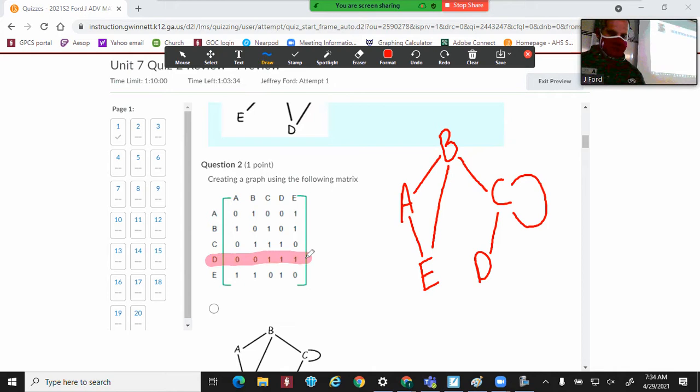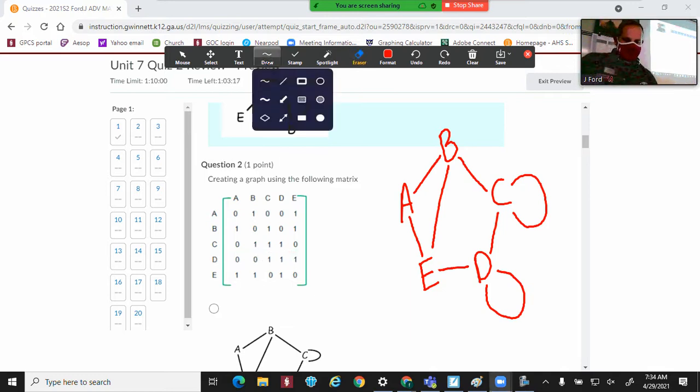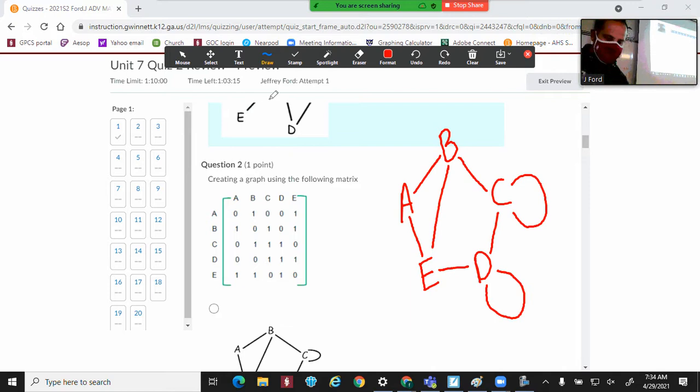Now we're on D here. D to C, already been drawn. We're skipping it. D to D, another loop, and then D to E, like so. Now, if you're doing this correctly, by the time you get to the very last row, you should be skipping a whole bunch of stuff. For example, E to A, already been drawn, we're skipping that.